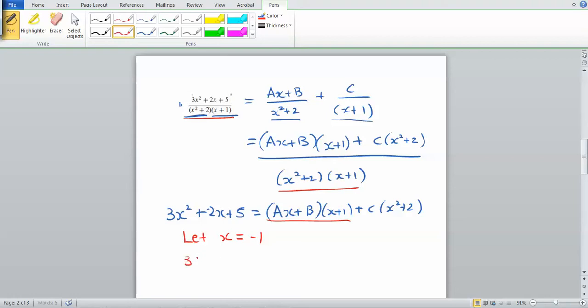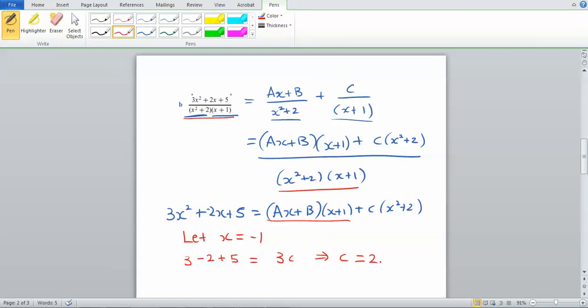We're going to have 3 minus 2 plus 5 is equal to c times minus 1 all squared, which is 1, plus 2, so it's going to be equal to 3c. We've got 8 minus 2 is 6, so 6 is equal to 3c. So c is equal to 2.